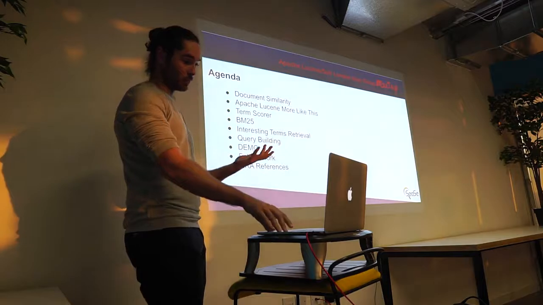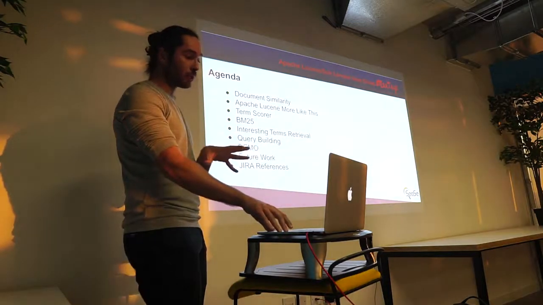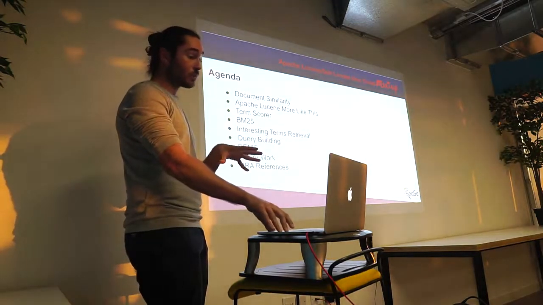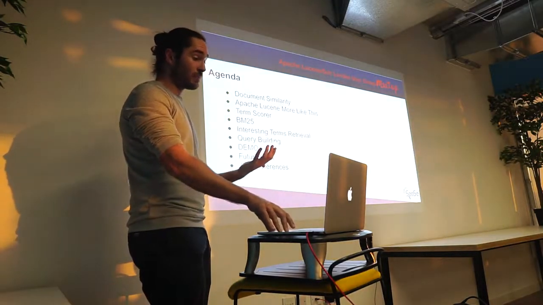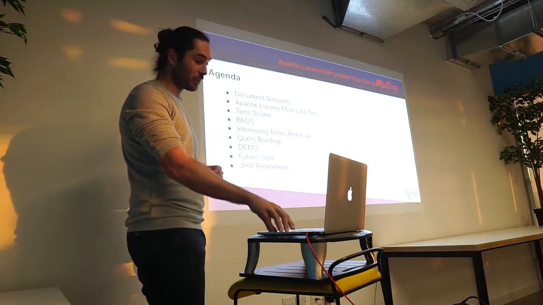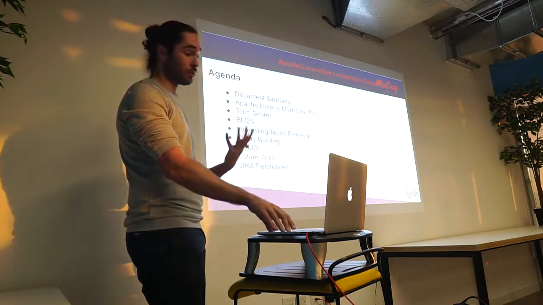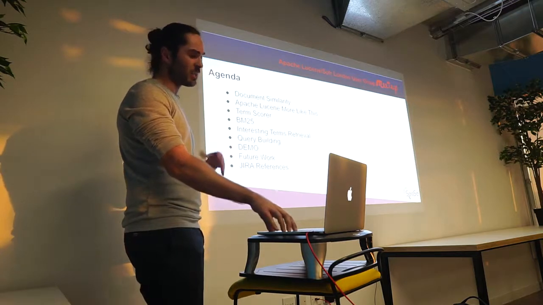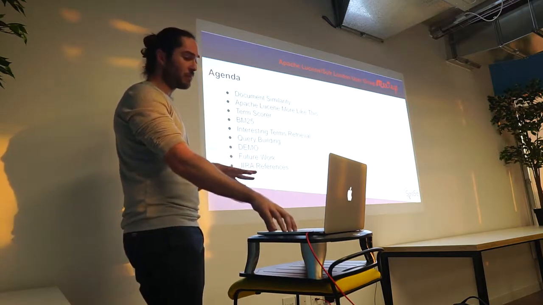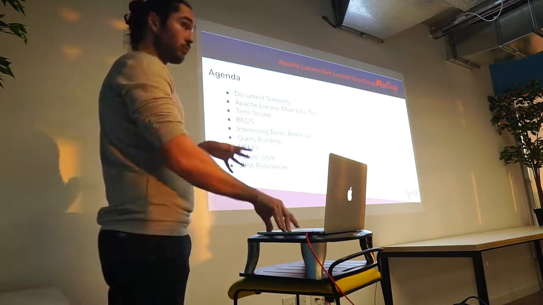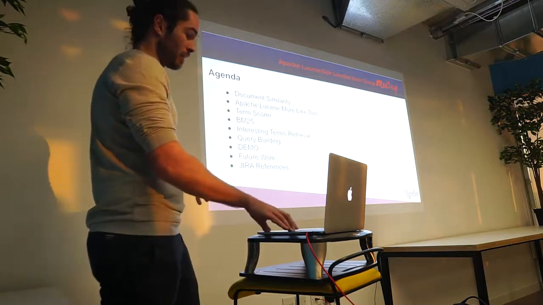We're going to talk about the More Like This, the way you score terms, the different algorithms you can use to assign a score to different terms, extracting interesting terms from documents, and then building the query. If we have time, a little bit of demo to see how it works in Solr and how the queries are built.